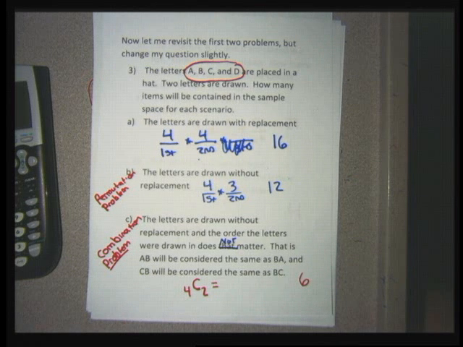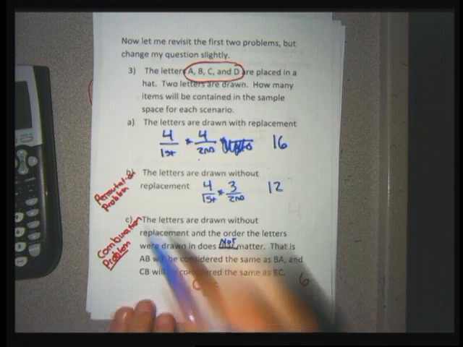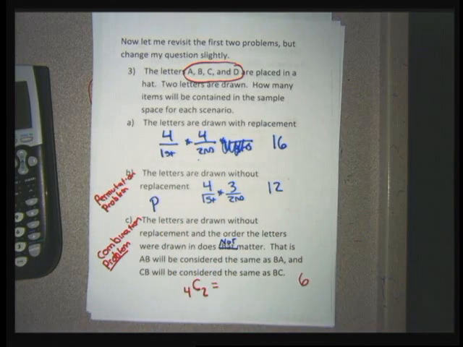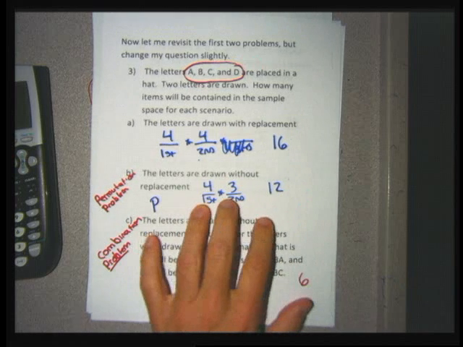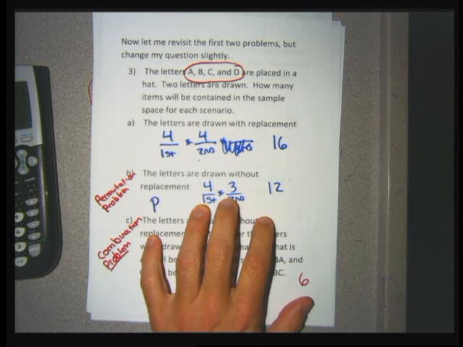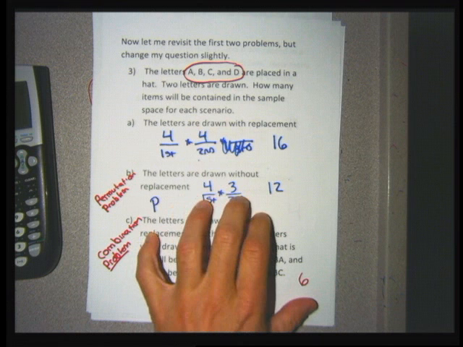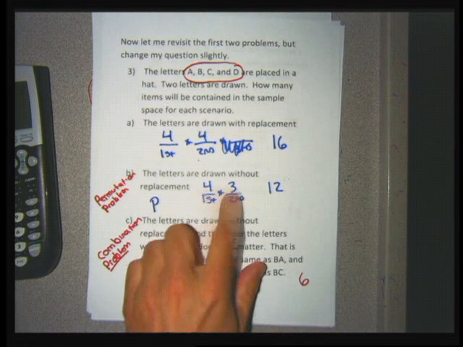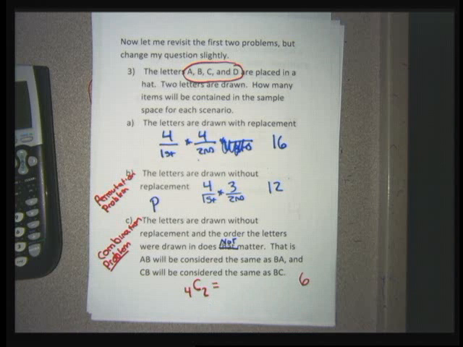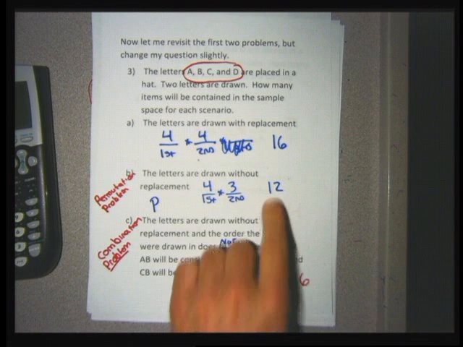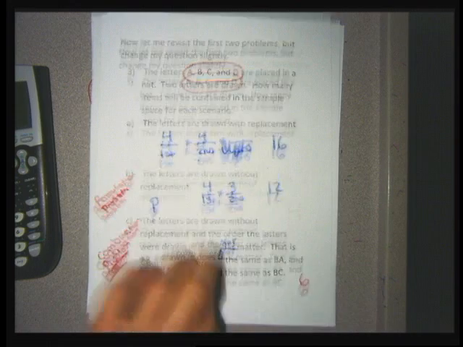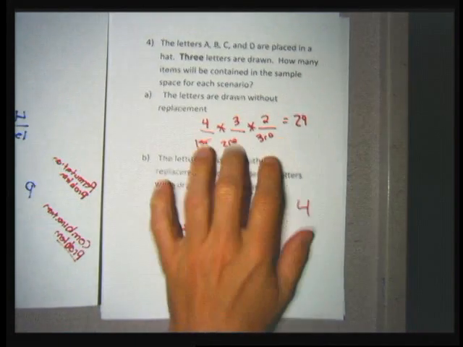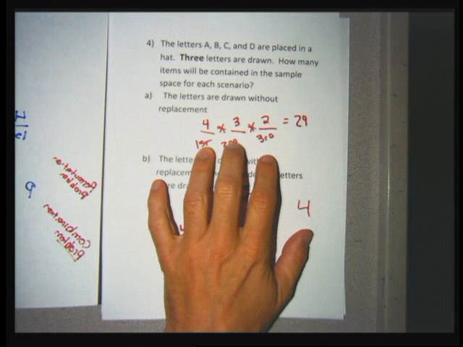When we did section 12.5, I skipped over a symbol that looked like this that had the letter P. The answer for how many items are in a sample space if you're not replacing and order is important can also be gotten on my calculator without doing the multiplication principle. So let me show you how to get this answer 12 and this answer 24 without using the multiplication principle or the counting principle.